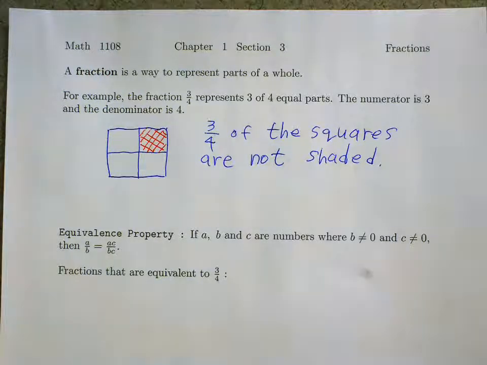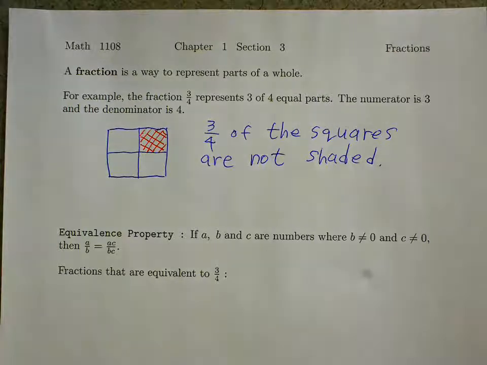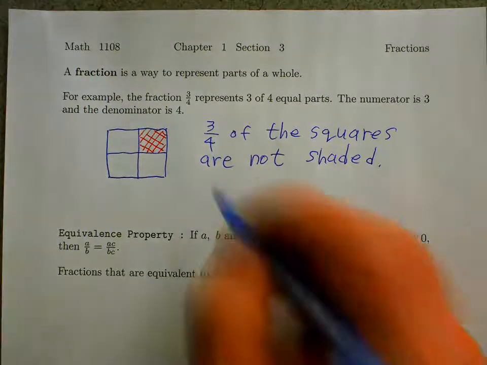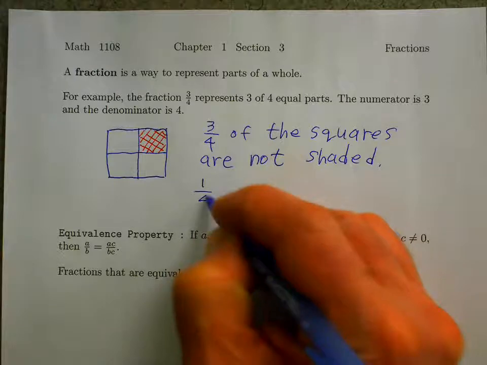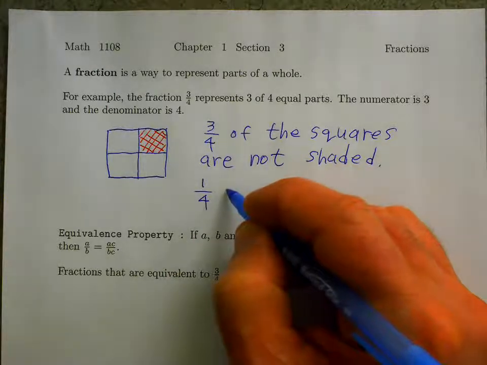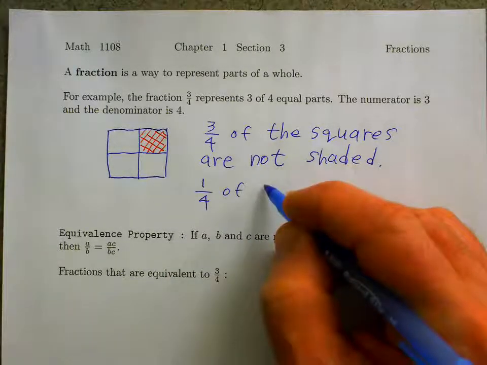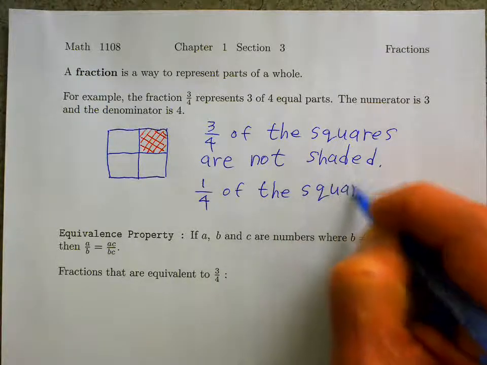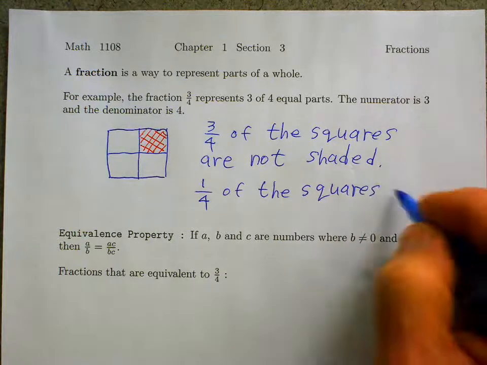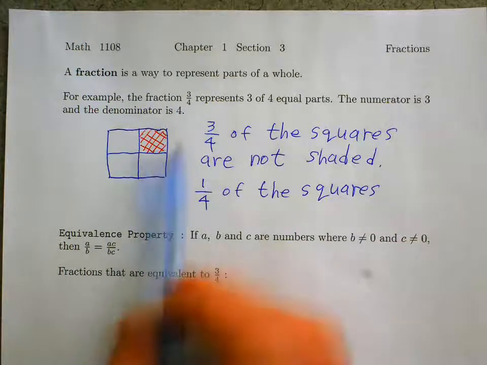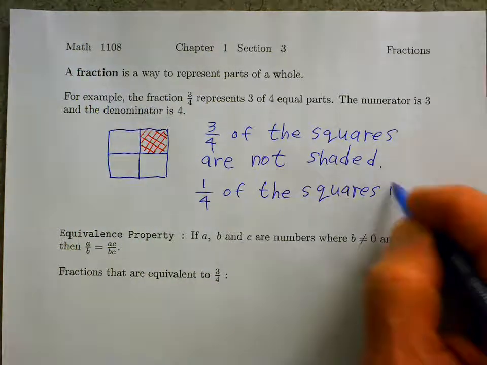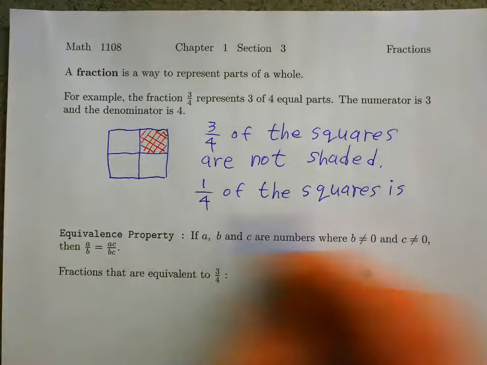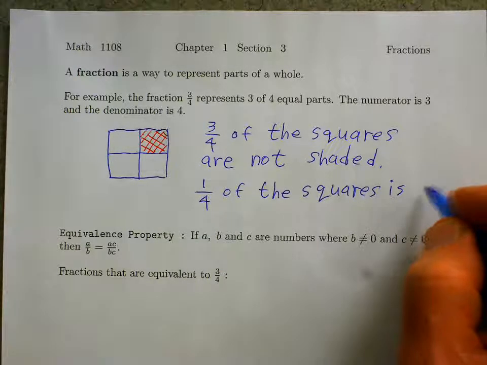What about the shaded ones? Well, 1 out of 4 is shaded, so we could say 1/4 of the squares. Well, since we just have one square that's shaded, we could just use the word is. 1/4 of the squares is shaded.